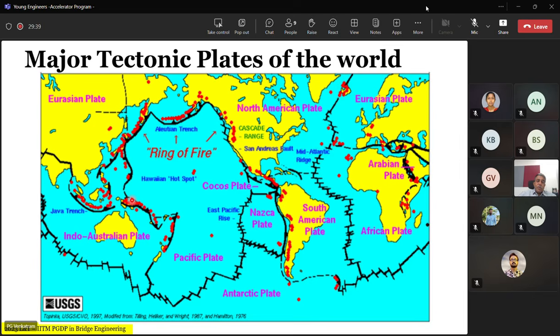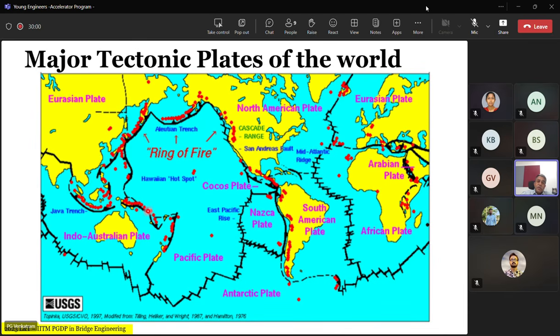And you have this Pacific plate, which is very large. All around it, you have a large amount of seismic activity going on. That is why this whole line is called the Ring of Fire. They are lined by either active or passive volcanoes in one part, and they have significant seismic activity.